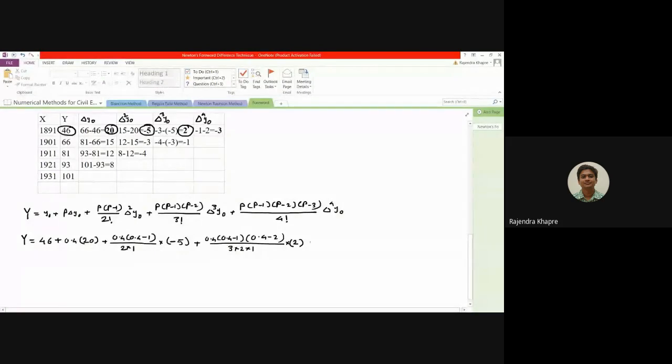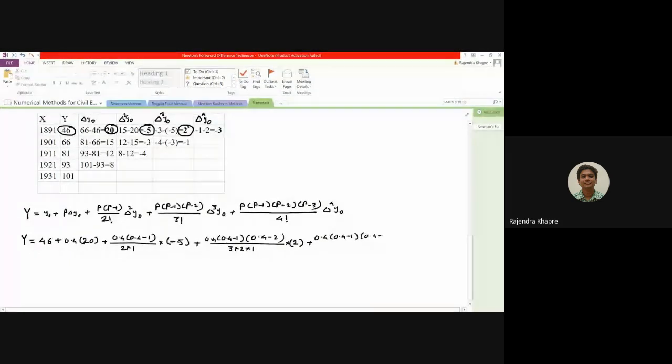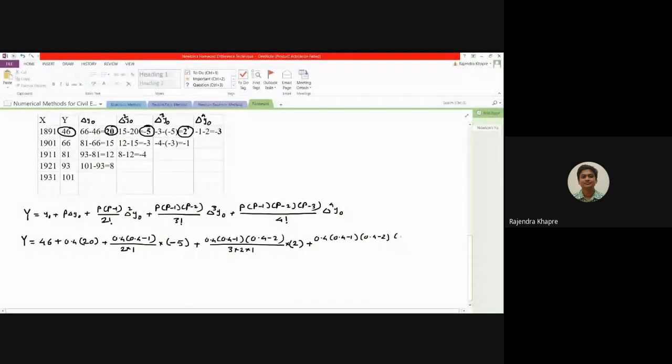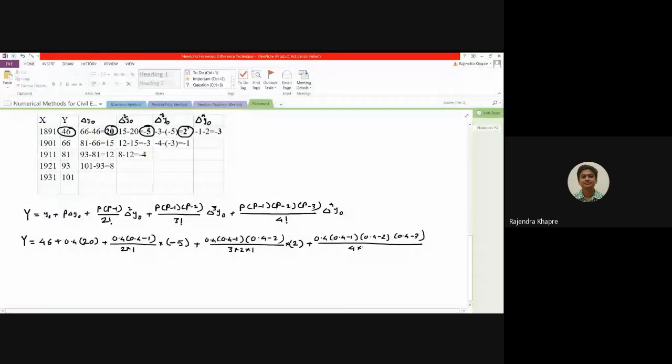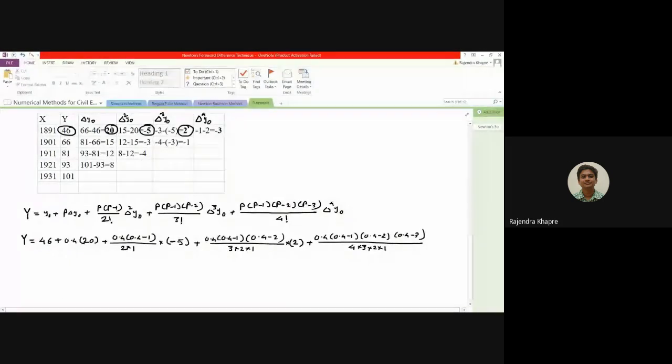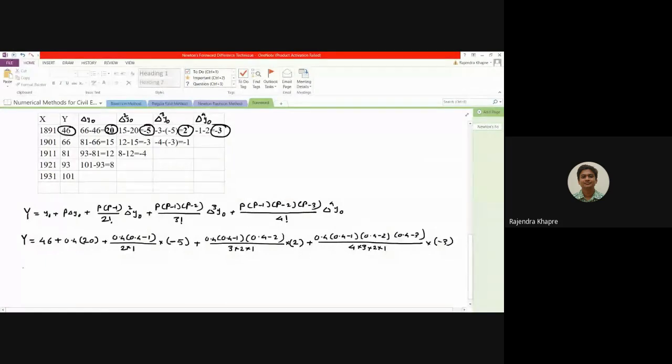Okay, plus now we have 0.4 into 0.4 minus 1 into 0.4 minus 2, then 0.4 minus 3 will also come into picture, isn't it? Divided by 4 factorial, which is 4 into 3 into 2 into 1, multiplied by delta to the power 4 y0, which is minus 3. This is coming from here. Okay, so now you just do the calculations and give me the value of this.